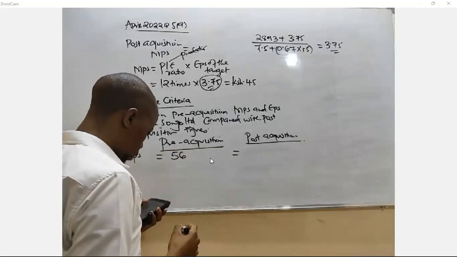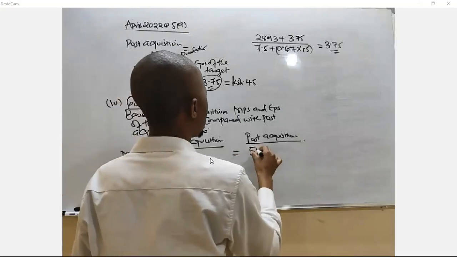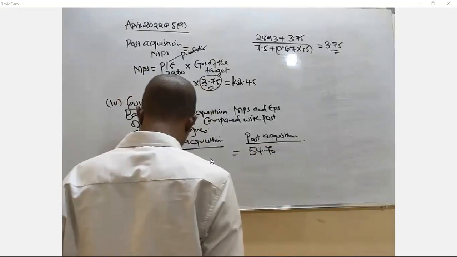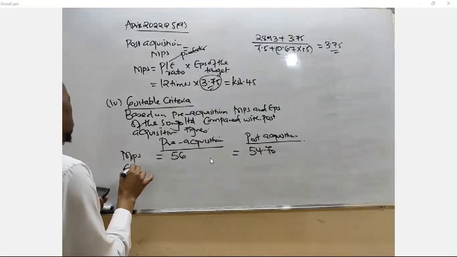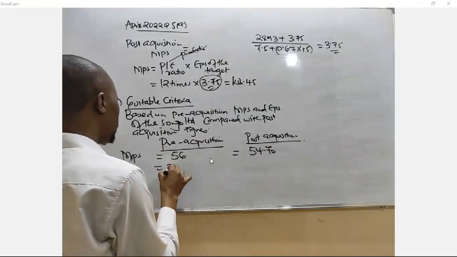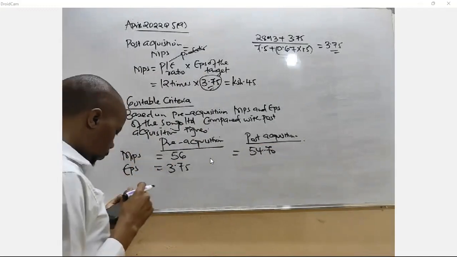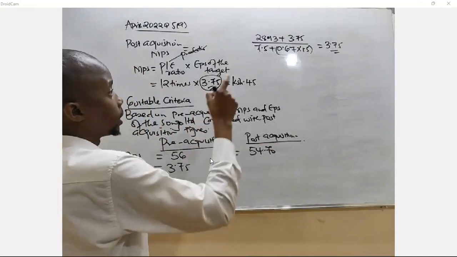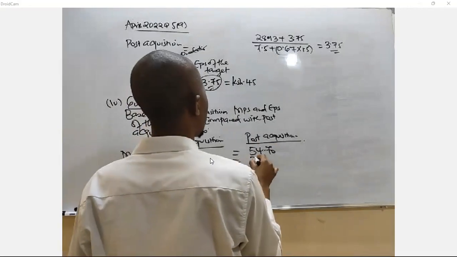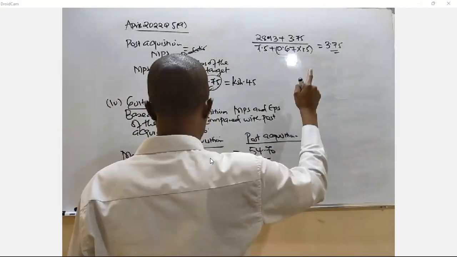Here, it was 54.70. Then the earning per share pre-acquisition was around 3.75, and post-acquisition it still remains at 3.75. You can see it there.